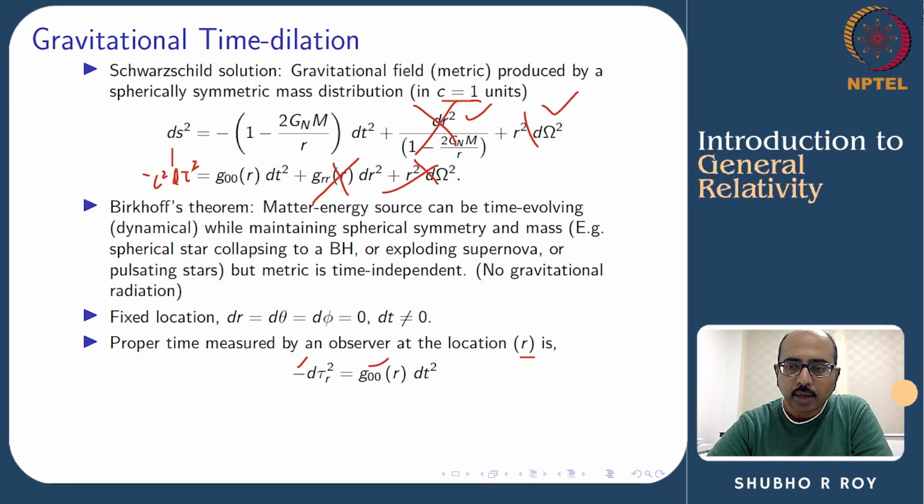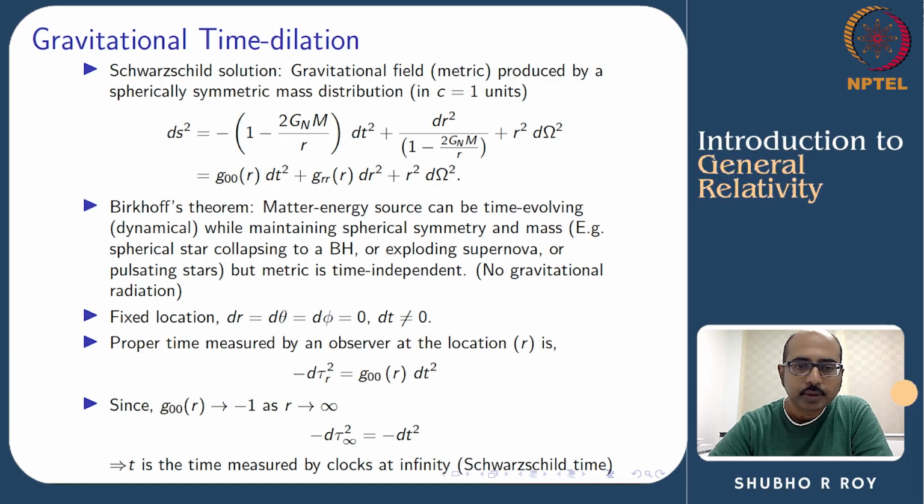All right. Now, if you think about it, what is dt? At a location where g00 is minus 1, dt is the same as the proper time. And the location where g00, given by this quantity, is minus 1 is r equals infinity, because at r equal to infinity, this term goes to 0 and drops out, and you get g00 to be minus 1. So, since g00 approaches minus 1 as r goes to infinity, we see that the proper time at infinity is equal to the coordinate time dt squared.